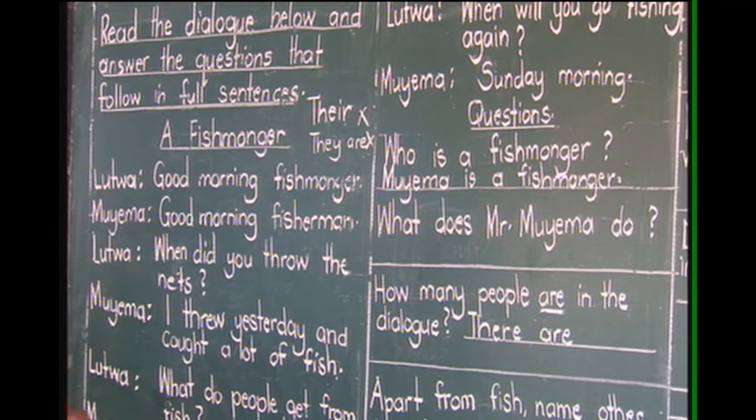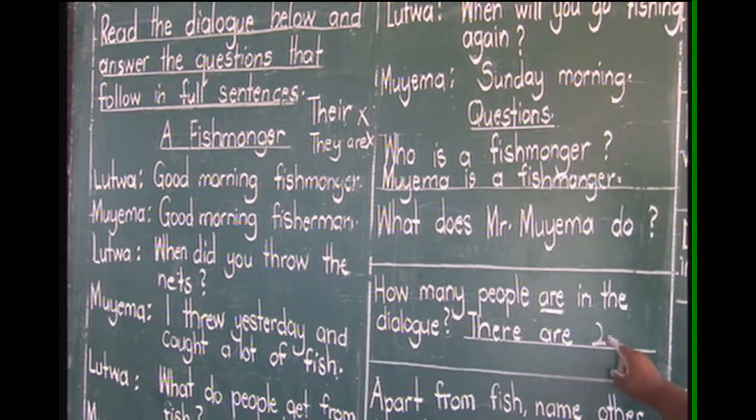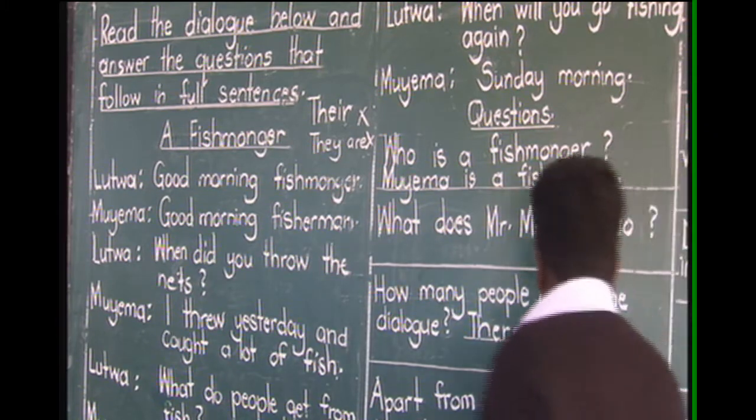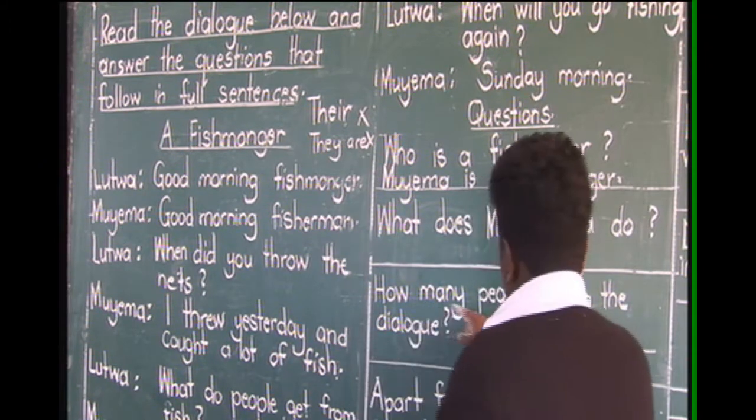There are. Remember, in English, we don't write figures. So I don't want to find this in your answer. Instead of this, we write the word 2. There are 2. The rest of the words are here.